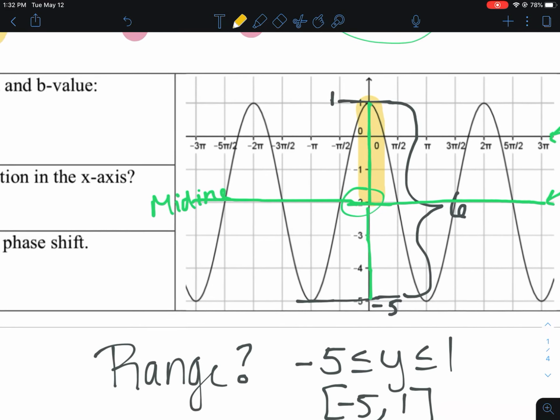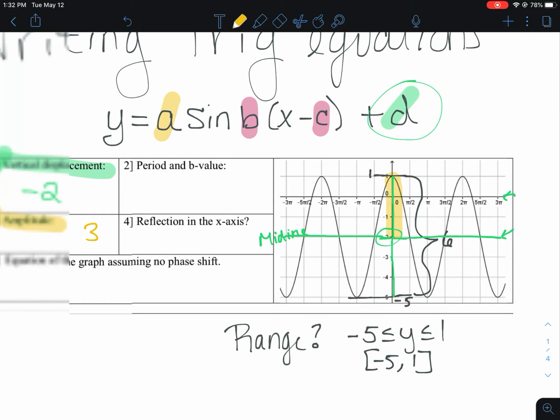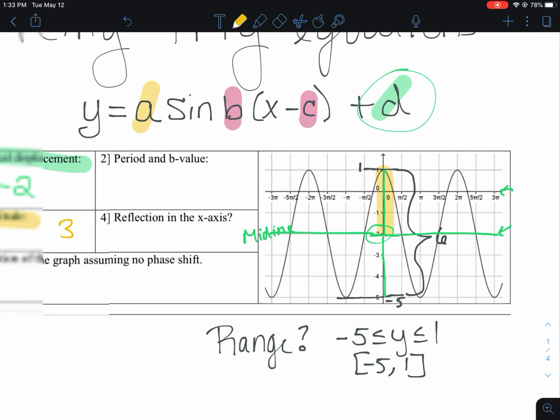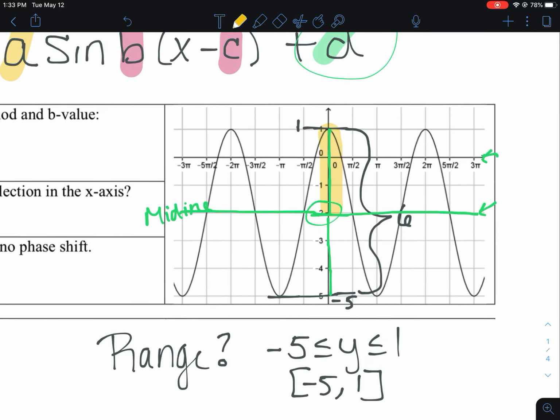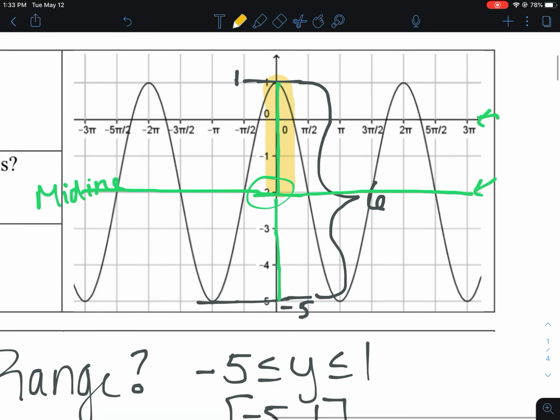So I know that the amplitude here is 3, okay? Now let's talk about the period. Sorry, I was just deciding whether or not to use the phase shift or not.